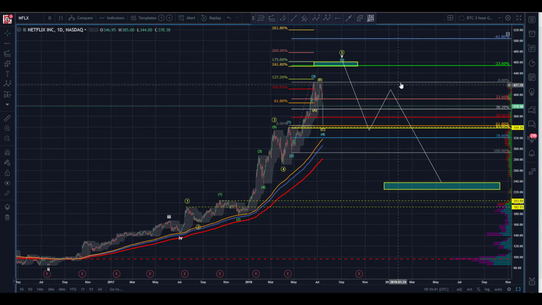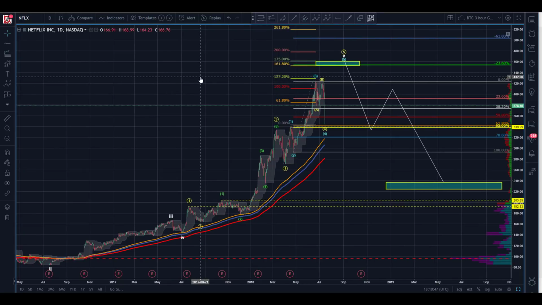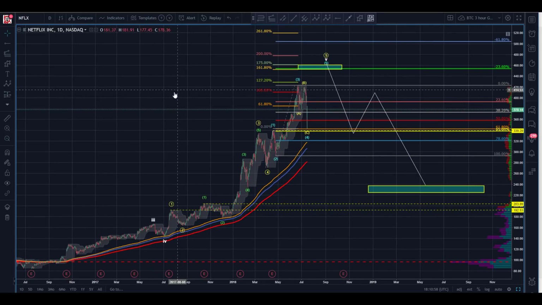Now, what would cause that? Who knows? But there it is, right? These patterns do repeat for a reason. Again, I'm not making that prediction, but don't let that surprise you if that were to happen. So with all of that said, here's our good pivot. This is very technical, no surprise here.